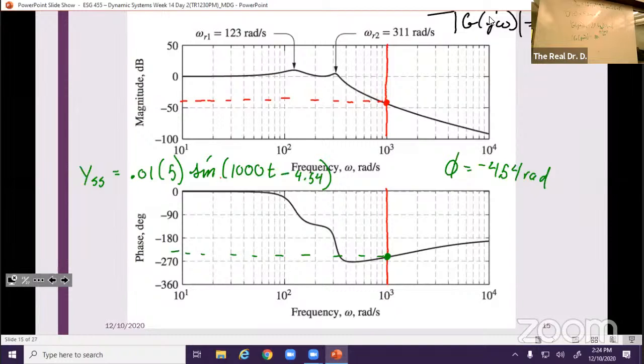Okay. Do you guys have any questions? Maybe not. Being able to read the Bode diagram is really helpful, right? Because we can get a lot of information off of this.